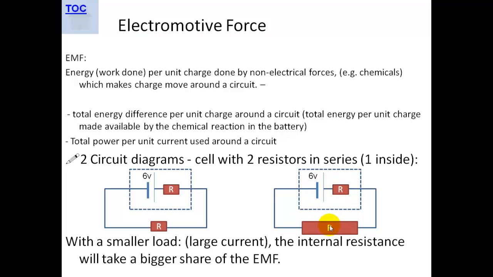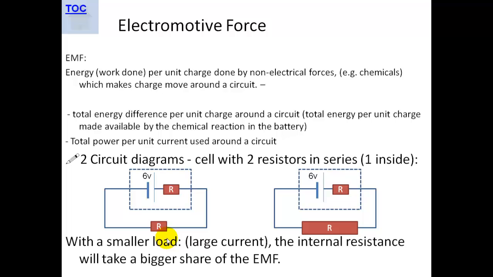So 1/6 of the resistance is here, 5/6 is there. The potential drop across the internal resistor will only be 1 volt, and there will be 5 volts across the load. So as the load gets larger, the potential difference we're able to measure across the cell gets closer and closer to the EMF, which is the ideal voltage supplied by the cell.